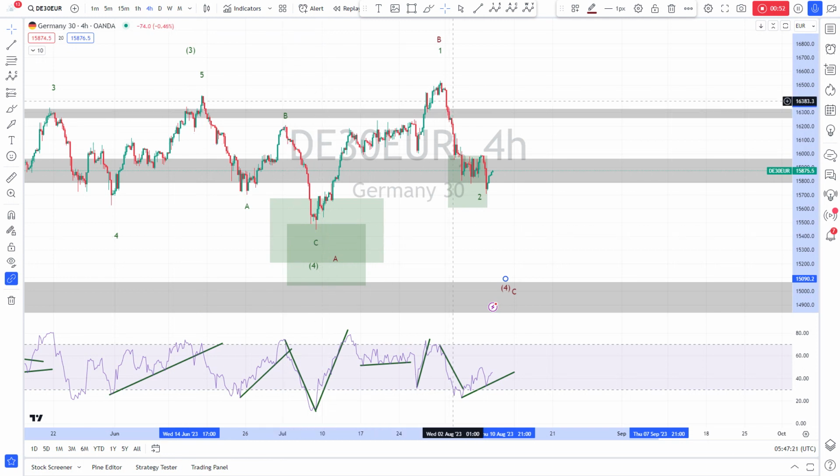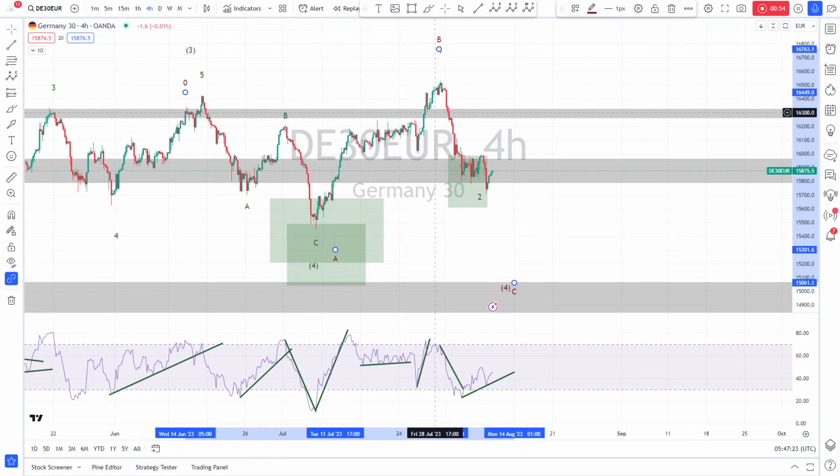Then here we have something corrective as a wave B, an overshooting wave B. So from here we should now see 5 waves down as a wave C. So this could be playing out now like 1, 2, 3, 4, 5, to end this wave C and to end this wave 4.